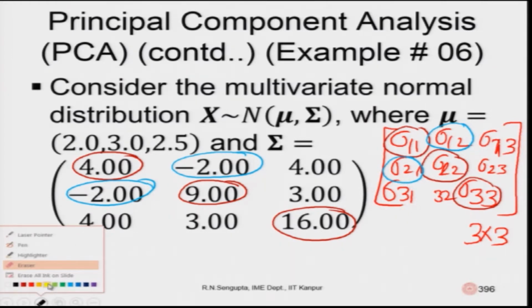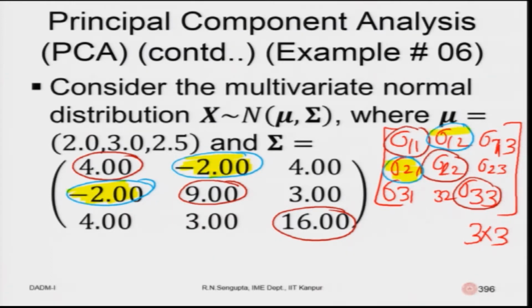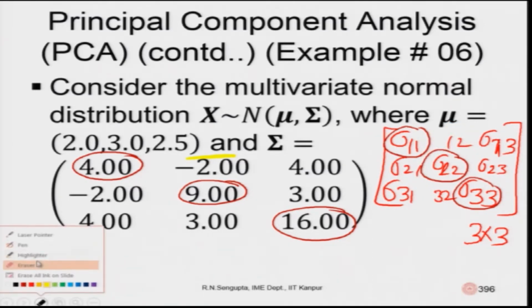Then I come to first to second, second to first. Oh, sorry, this sigma is removed. Done. And finally, when I come to the principal diagonal, which is the variances.